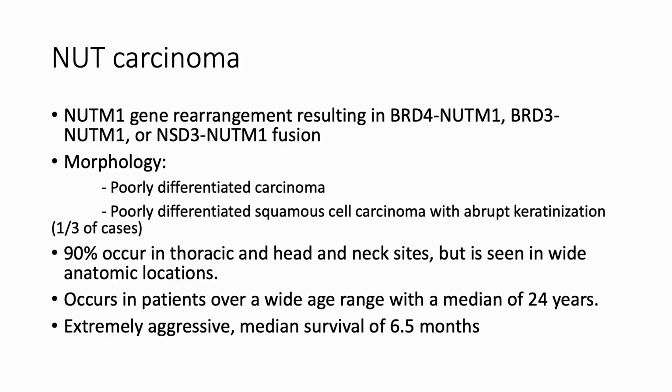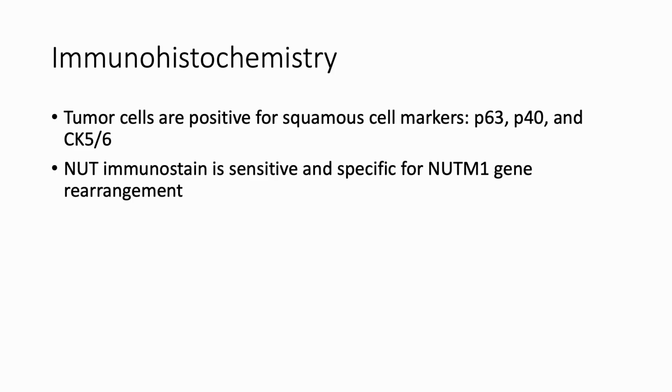The prognosis is dismal, with a median survival of 6.5 months. Tumors are consistently positive for P63 and CK5/6, and less frequently P40. Recent literature even suggests categorizing NUT carcinoma as a molecular subtype of squamous cell carcinoma.